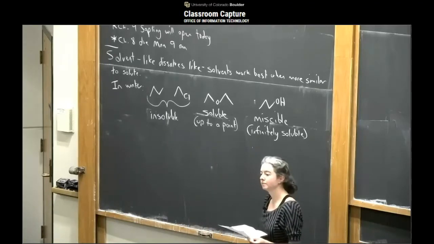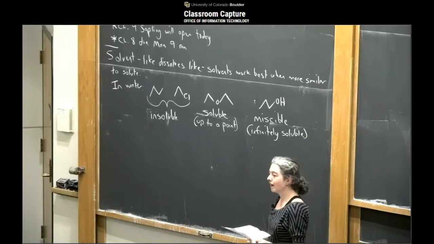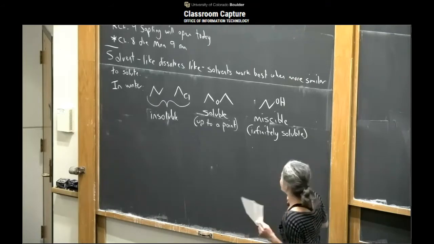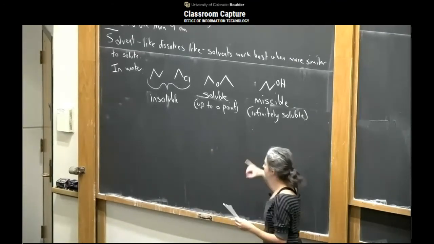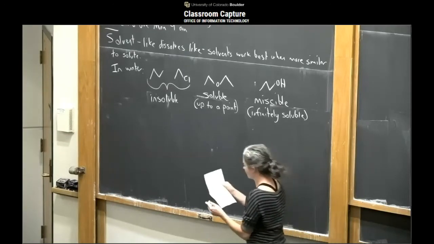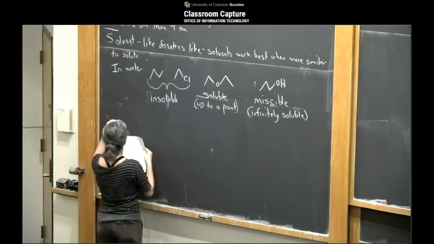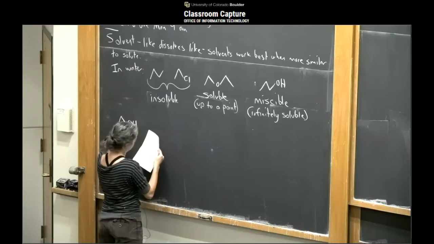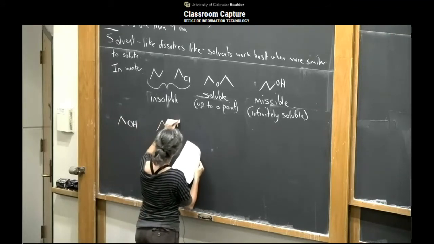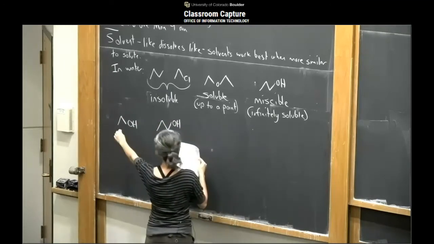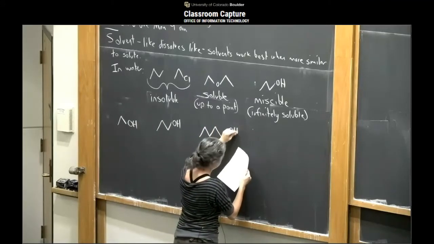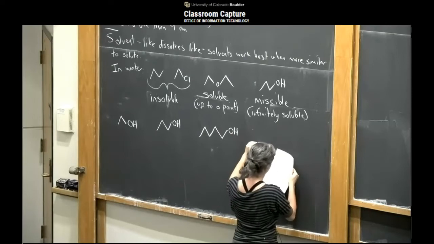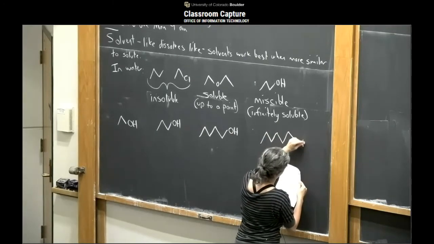Question? So are most alcohols mostly miscible? Excellent question. That leads me to the next point in the notes. How common do they have to be before you start running into solubility issues? Let's look at 2 carbons, 3 carbons, 5 carbons, and 6 carbons.